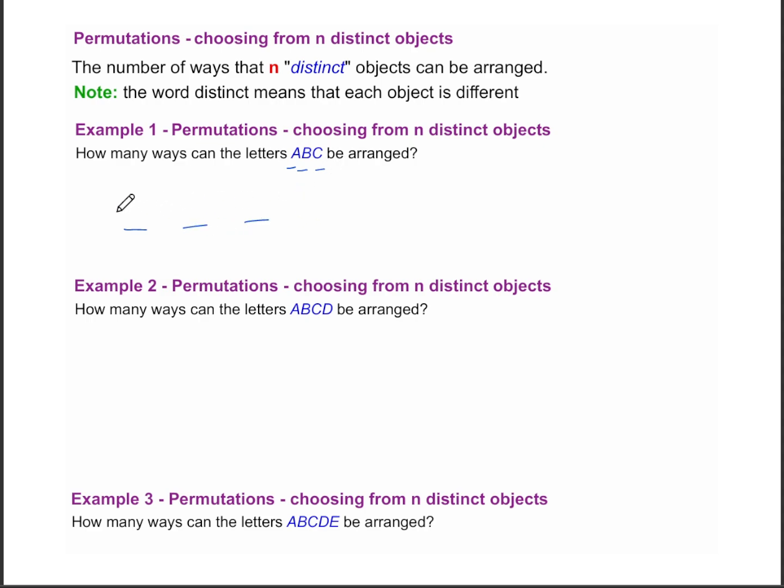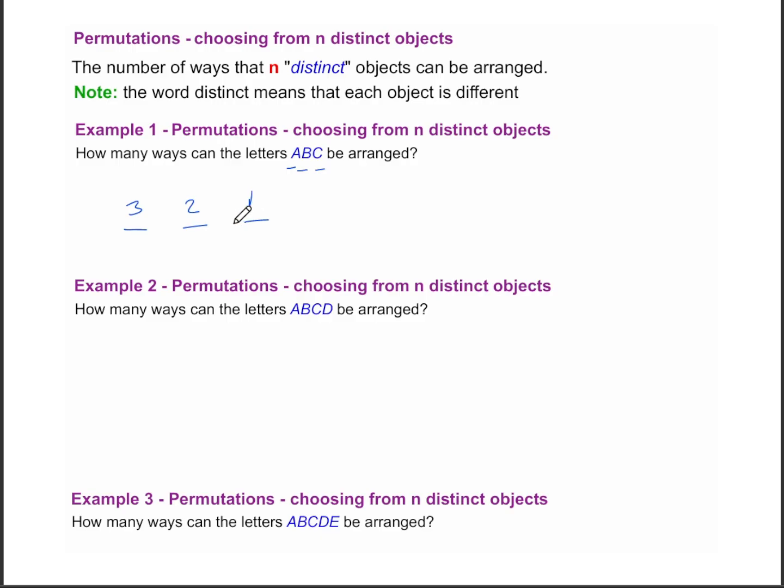Initially for the first spot, you have 3 options, being A, B, and C. Then remember, the option that you put in the first seat is now gone. So for the second seat, you have 2 possible options. And again, your second option is gone. Therefore, in the last seat, you just have 1 option.